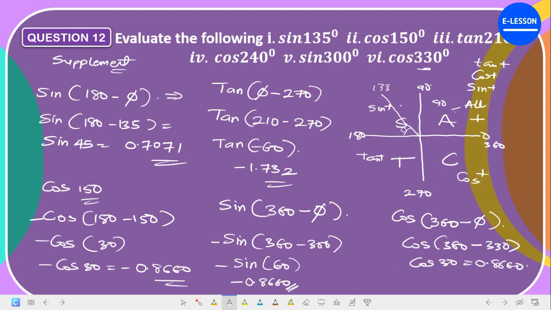Now, I believe this one for the tan, maybe there is an obvious error somewhere, or let's press. For tan, we must do 270 minus 210 to get the angle it made with that plane. 270 minus 210.